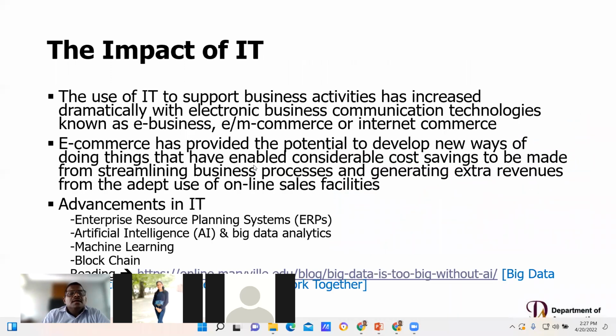It has an impact. The impact of IT, the use of IT to support business activities, increases. E-commerce, e-business. I don't think I should discuss more. Internet commerce. E-commerce has impact. You can order whatever items you want now. No need to physically visit.